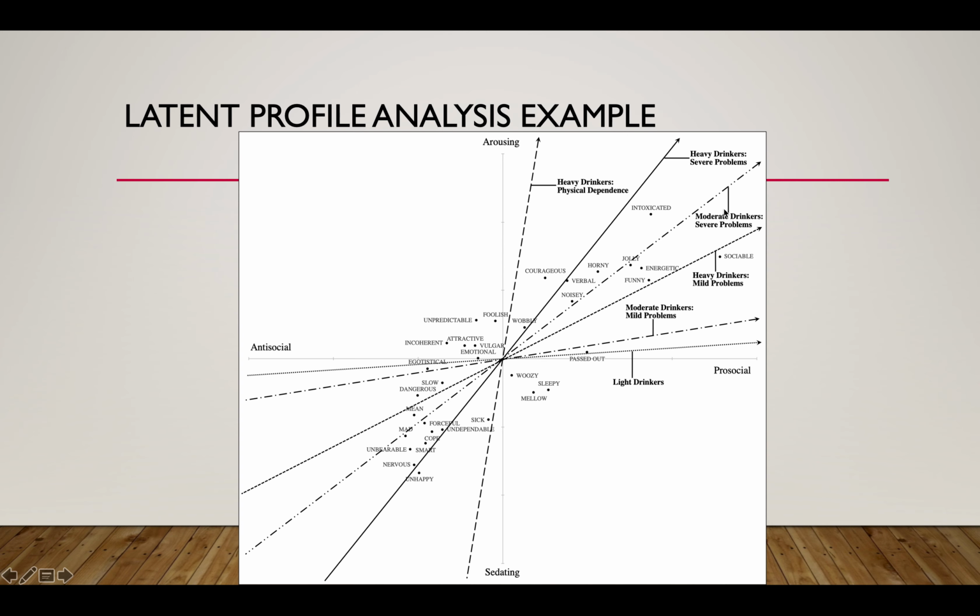In fact, moderate drinkers with severe problems have a shift greater than heavy drinkers with mild problems. So it seems that problems tend to push people this way. We also see severe problems here in heavy drinkers is even closer, but as you might expect, people who are drinking because they have physical addiction are drinking primarily for the arousing and sedating effects of alcohol.